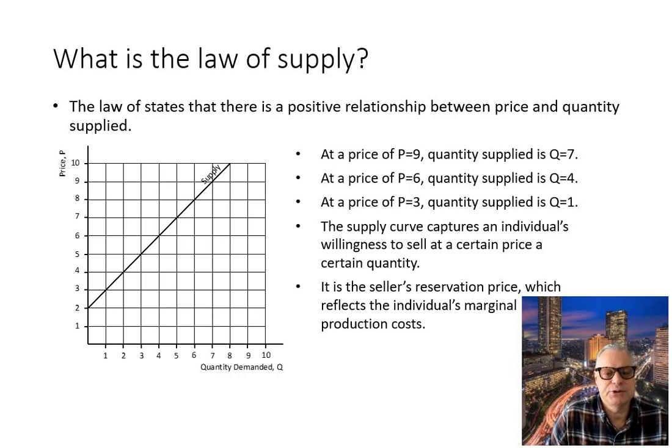So that's the reason behind the increasing supply curve. And again, we have a supply curve and an inverse supply curve because we put also for the supply the price at the y-axis and quantity on the x-axis.